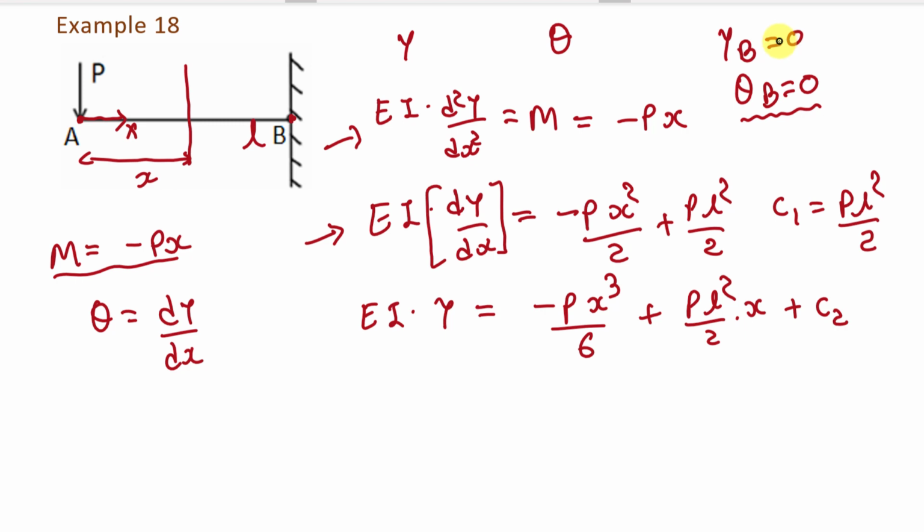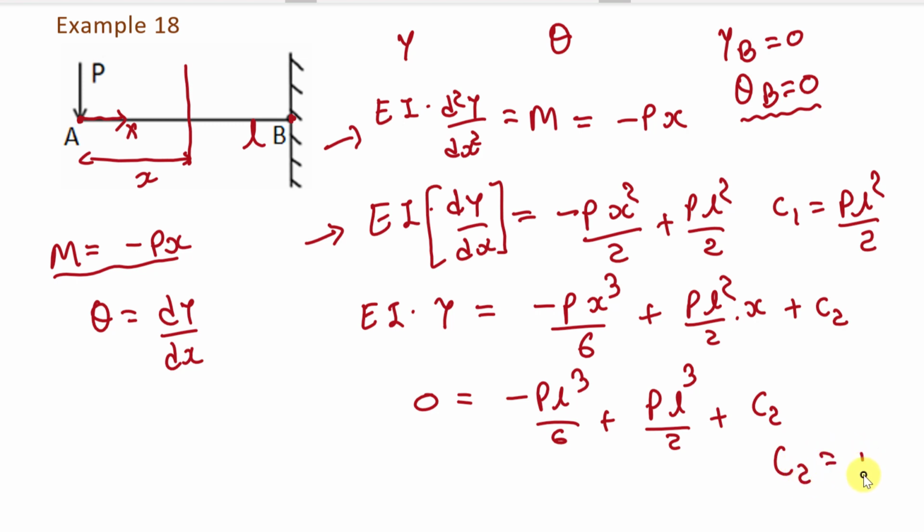If we put this boundary condition here, then this y will be 0 and we have to put x is equal to L. So this term will be 0, which is equal to minus PL cube by 6 plus PL, here there is L square and we are going to put x is equal to L, so it will be L cube divided by 2, plus C2. Now here you have to take PL cube common, and if you simplify this, then you will get the value of C2 is equal to PL cube by 3. Fine.